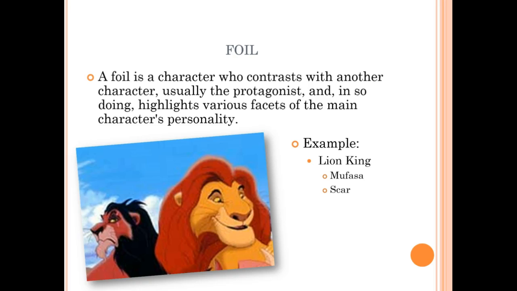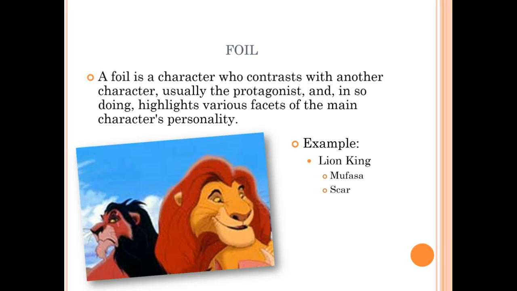And the reason why, even though they are like good, bad, good, evil, they are your foil characters is because even though Scar is the complete opposite of Simba, and he was also the complete opposite of Mufasa, you can still see characteristics from him, even though they may be very vague or very slight. You can still see those characteristics within Simba. And also, again, when it comes to Mufasa, Simba's dad, you can see some facets and some of the personality traits within Simba himself. So that's what makes them foil characters.